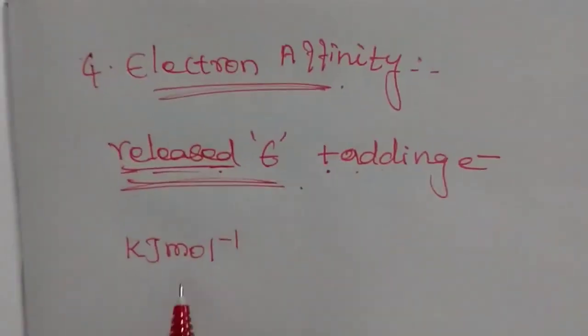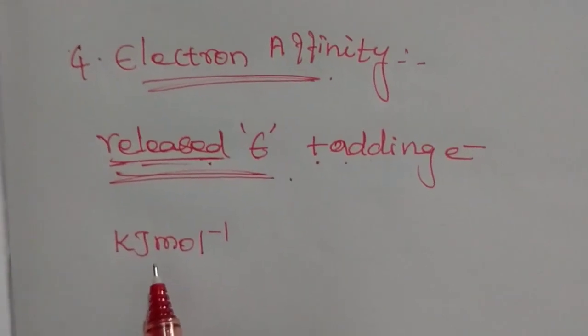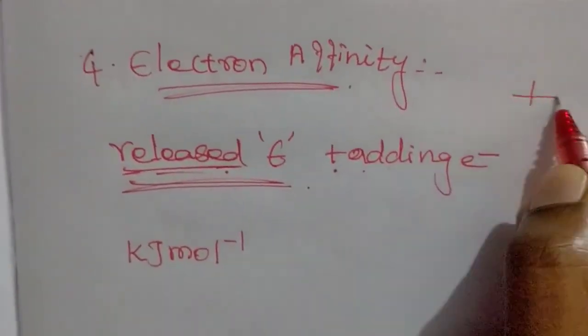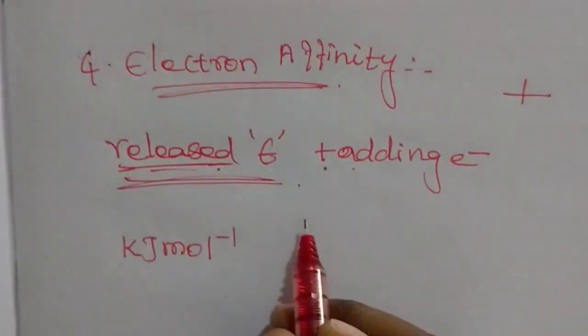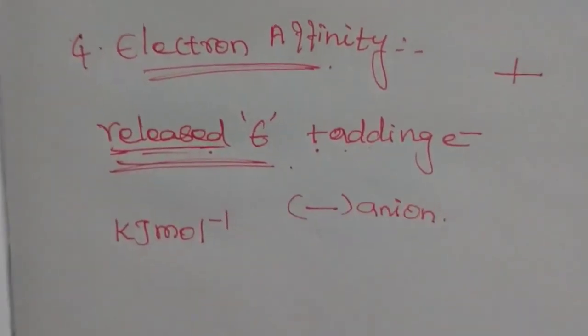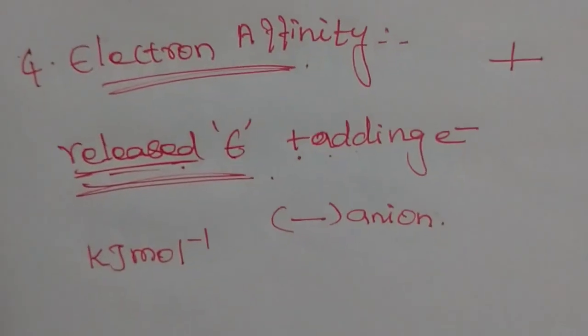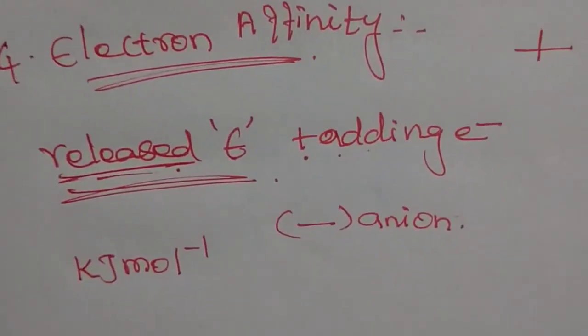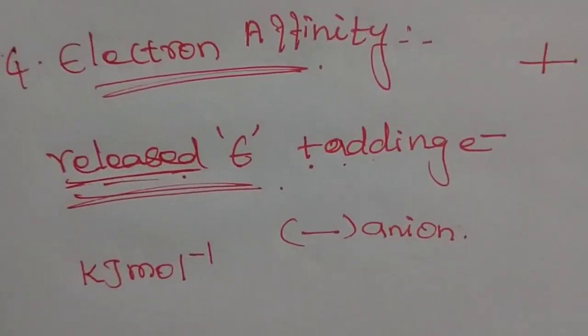So in ionization energy they form only cations, but in electron affinity they form only anions. Cation means they lost an electron. Anion means the addition of an electron.